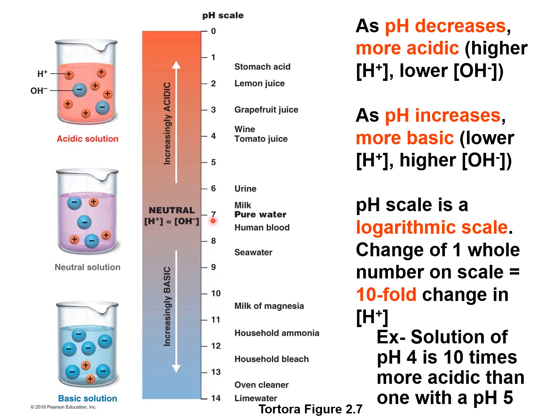And because the pH scale is a log scale, anytime you increase or decrease a number here, like going from a pH of 4 to a pH of 5, it means you have a tenfold difference. So a pH of 4 is going to be 10 times more acidic than a pH of 5.